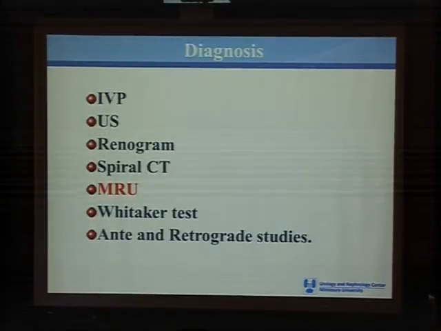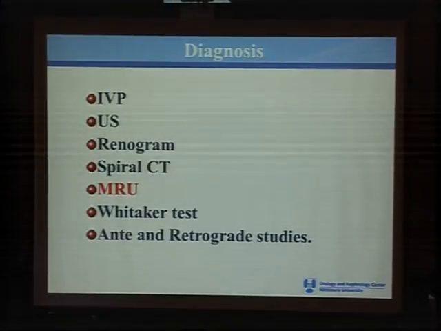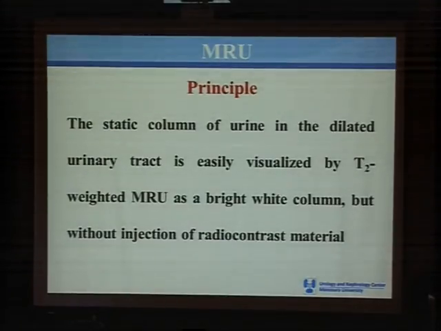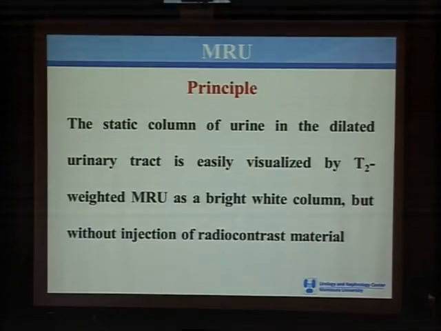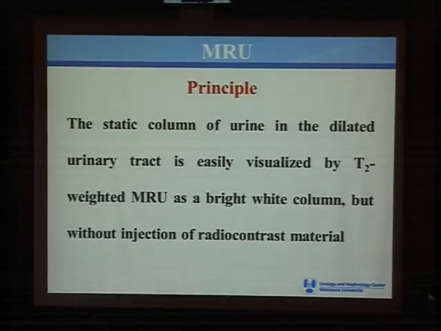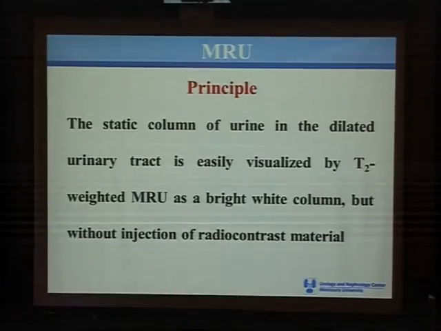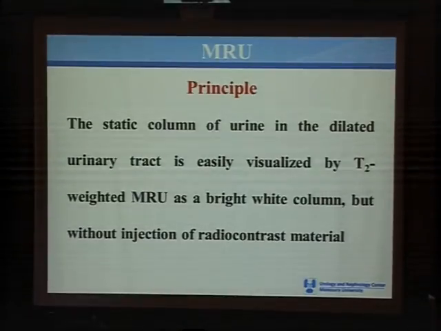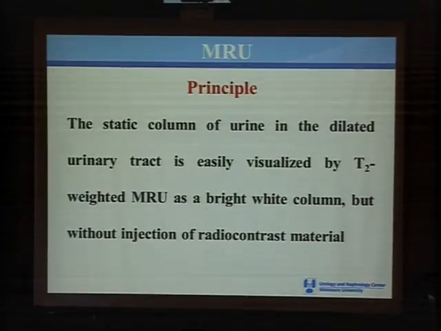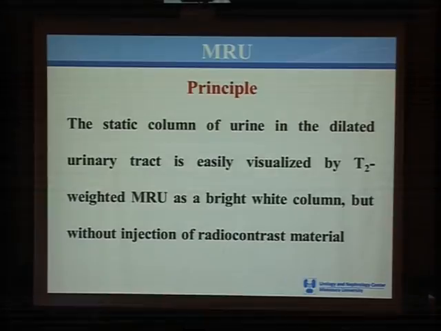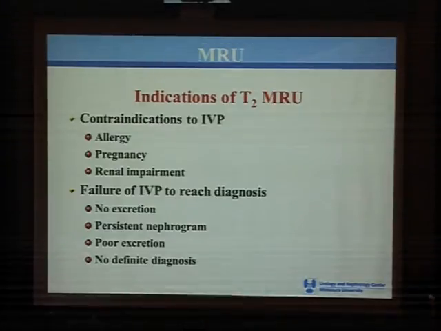Then what about MRU, magnetic resonance urography? It has been shown that the static column of urine in the dilated urinary tract is easily visualized by T2 weighted magnetic resonance urography as a bright white column, but without injection of radiocontrast material.